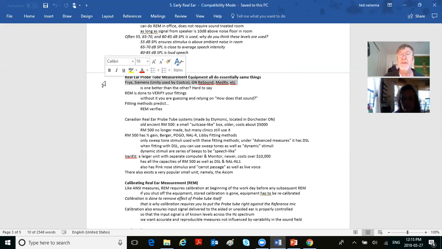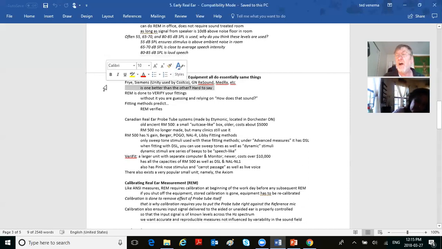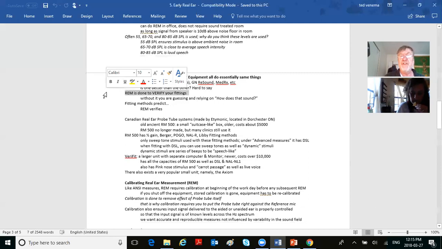So I would write that one in after the word etc. Audio Scan, very common. Real ear measurement, is one better than the other? Hard to say. They all do essentially the same thing. So I would never tout the virtues of one equipment manufacturer over the other. Real ear measurement is done to verify or prove your fittings.